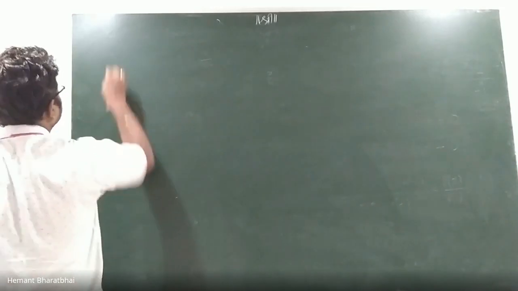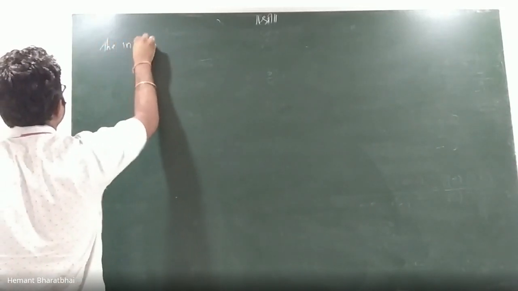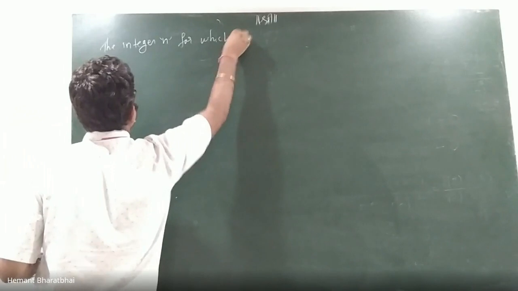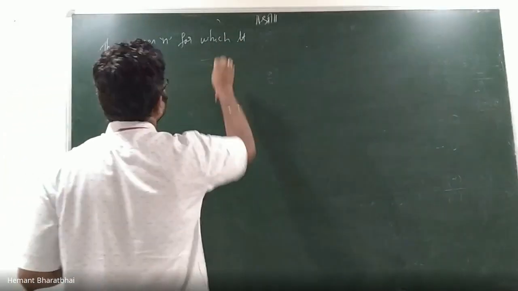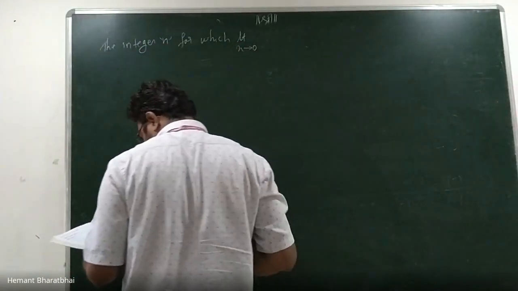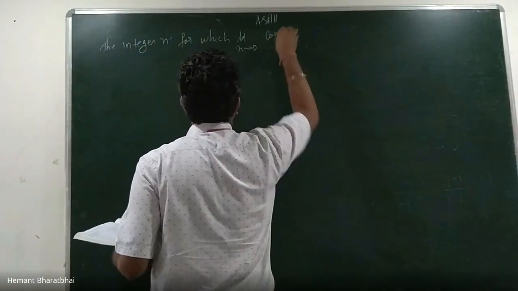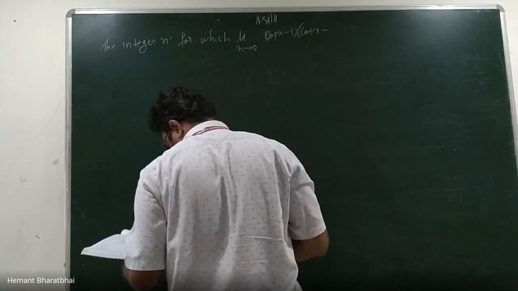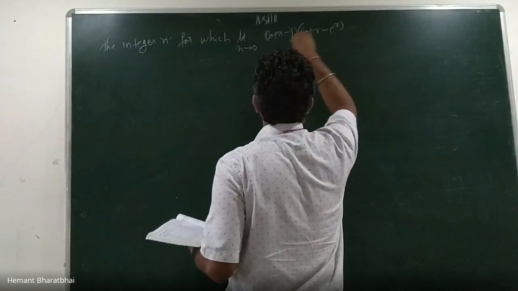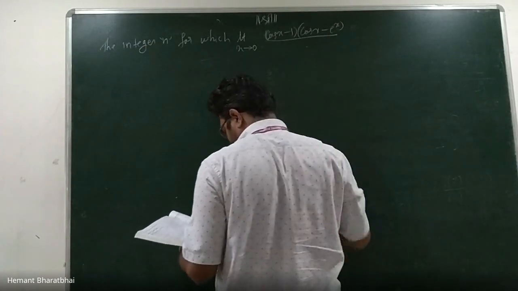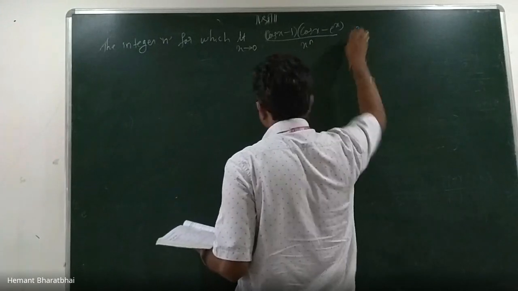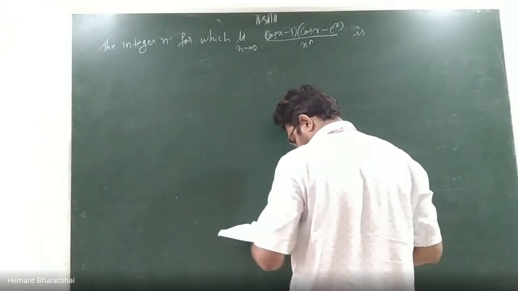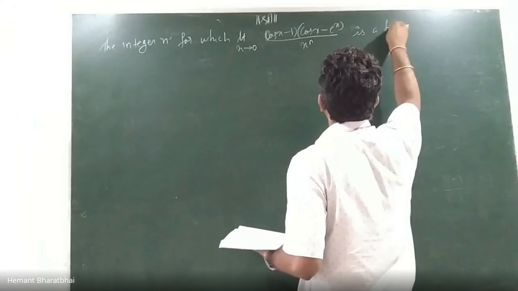The integer n for which the limit of x tends to 0 of (cos x minus 1) into (cos x minus e raised to x) upon x raised to n is a finite non-zero number.